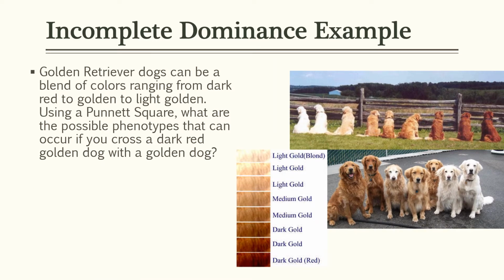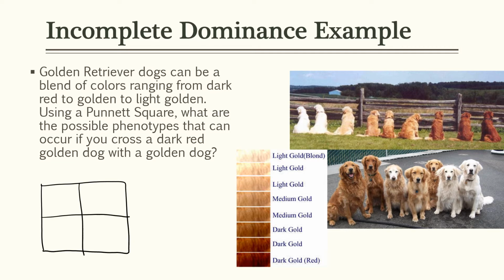So let's look at a different example, a very cute example. Golden retrievers can be a blend of colors ranging from dark red to golden or very, very light golden, almost white. And we can use a Punnett square to predict possible phenotypes. In particular, what could the possible phenotypes be if we mix a dark red golden dog with a golden dog? And I need a little bit bigger of a Punnett square than that to do this.